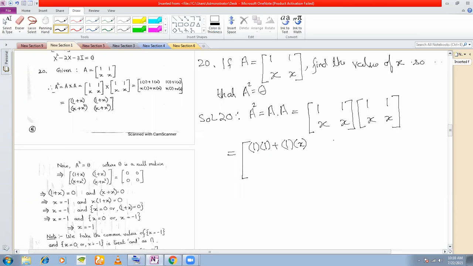Next, first row, second column: 1 into 1 plus 1 into x. Next, second row, first column: x into 1 plus x into x. Second row, second column: x into 1 plus x into x.